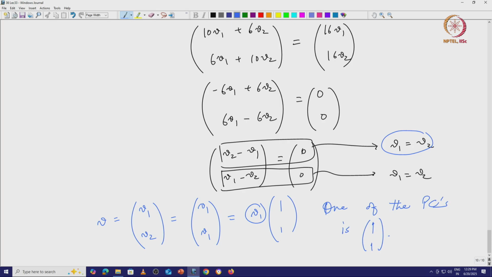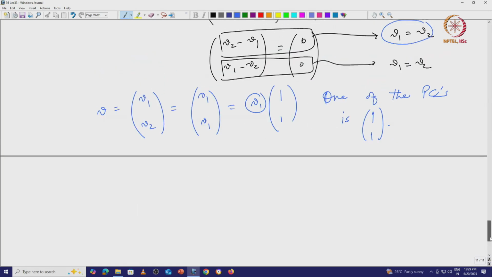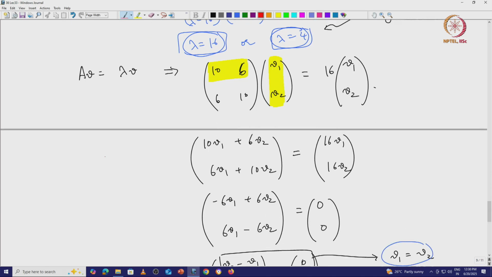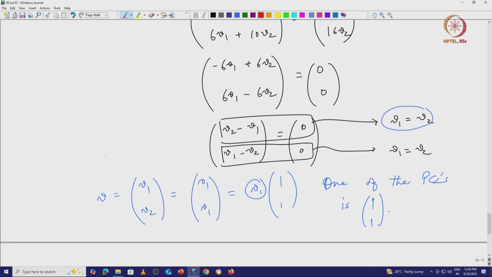So, I hope this makes sense. Now, all that remains is to find out the second principal component, and you can do it in a similar way, right. At this point, yeah, we had two eigenvalues and we used the larger eigenvalue to determine the eigenvector. So, this is actually indeed the first principal component.